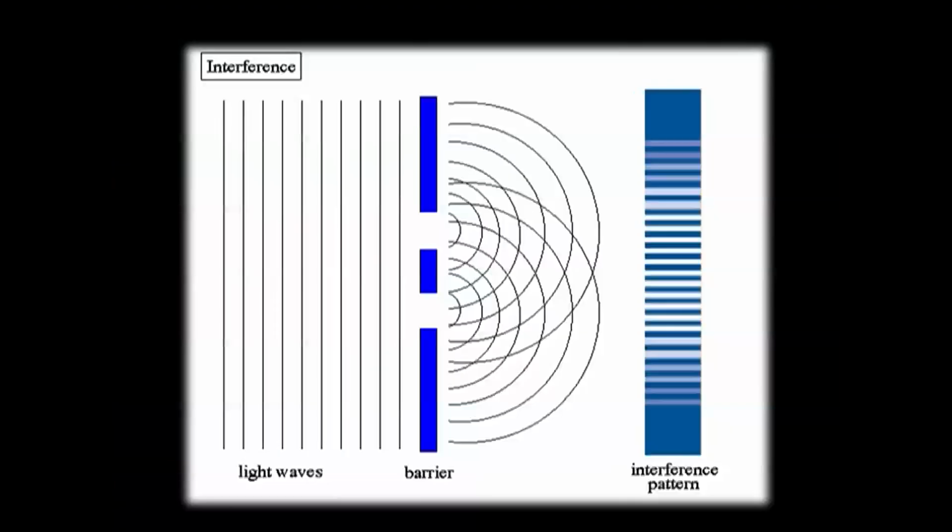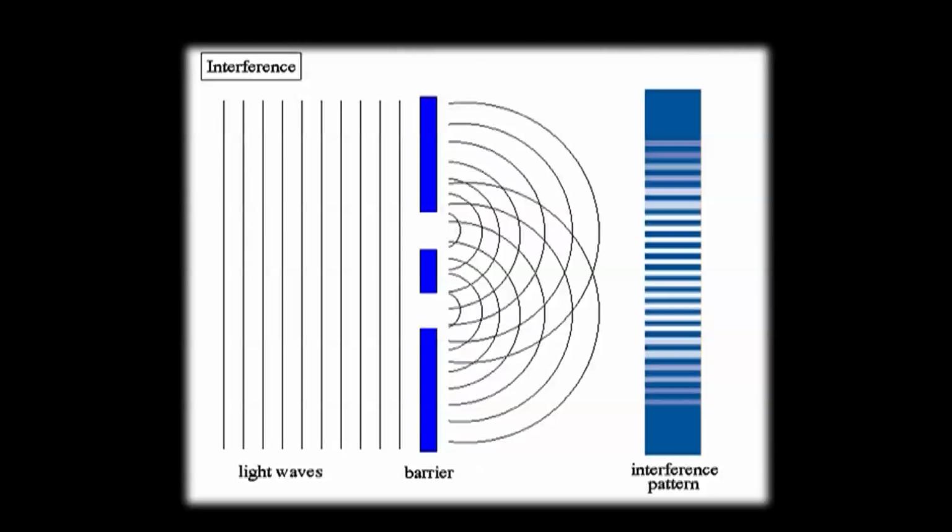Now, diffraction of light can result in the formation of new wavelets of light. If we are talking of different rays which are getting diffracted, because they are going in different directions, they will now interact with each other, leading to what is known as interference patterns.